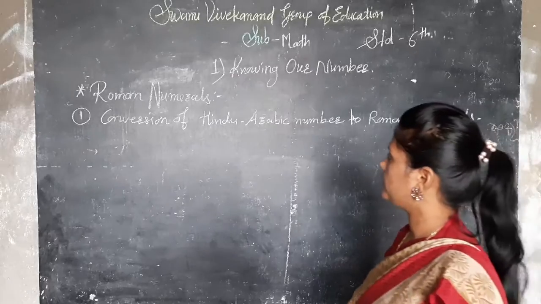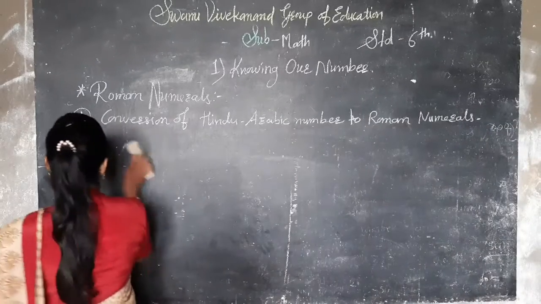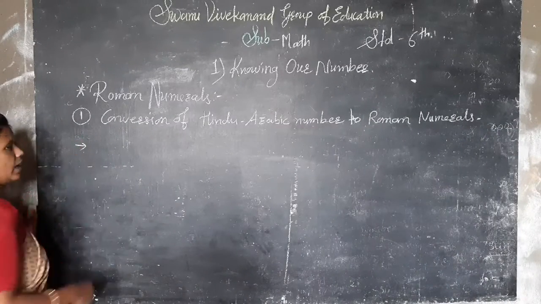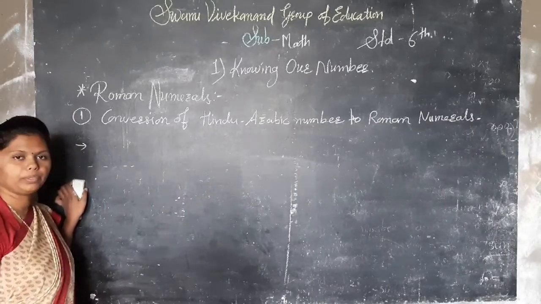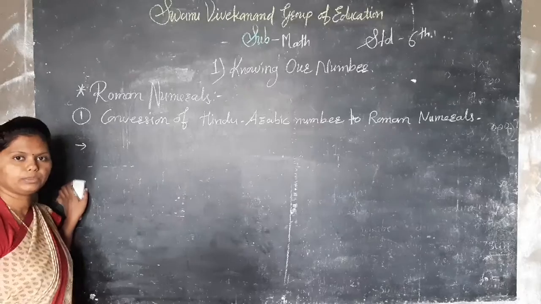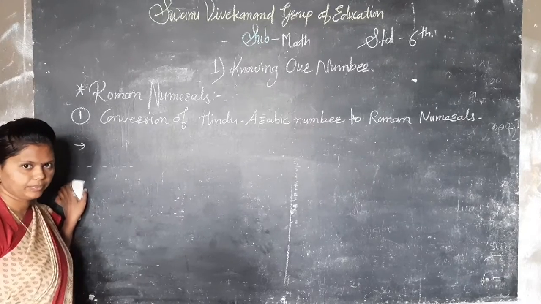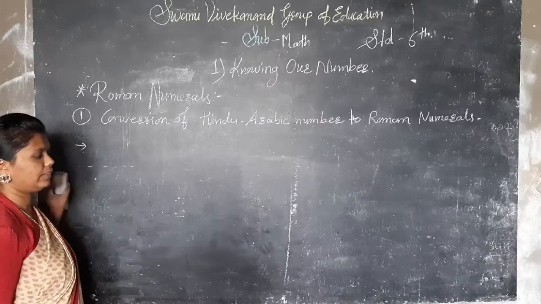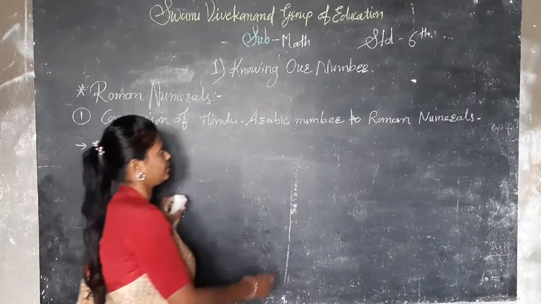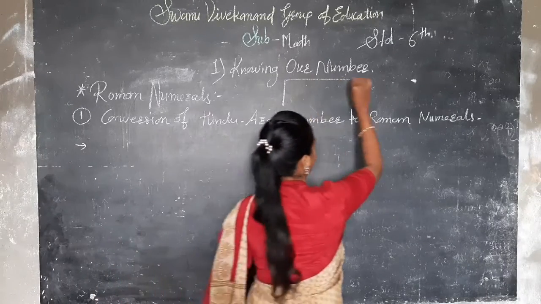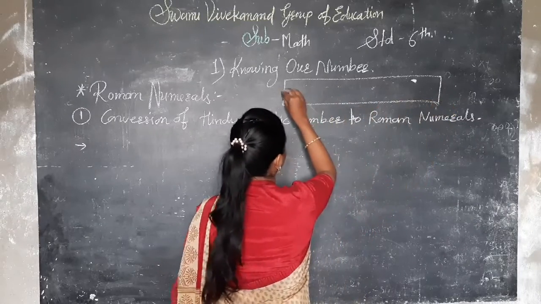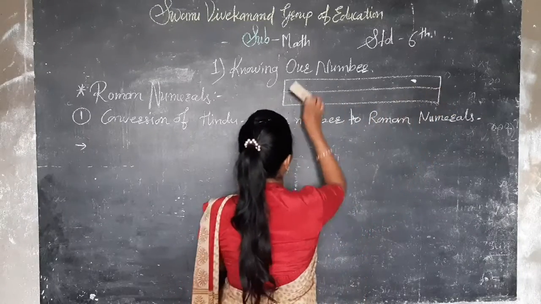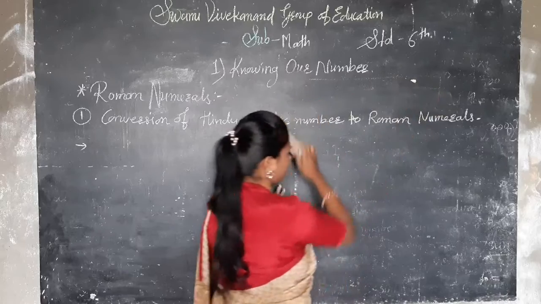So here we are going to take some examples. Before that, let me remind you, up to the 5th standard, you have written Roman numbers maximum about 20 to 50. Last time I gave you a chart. One more time, I will draw this properly for you.